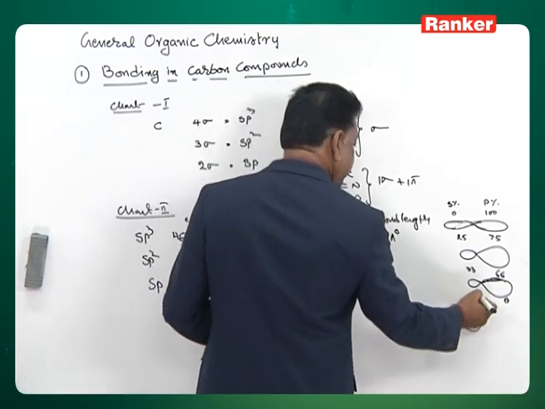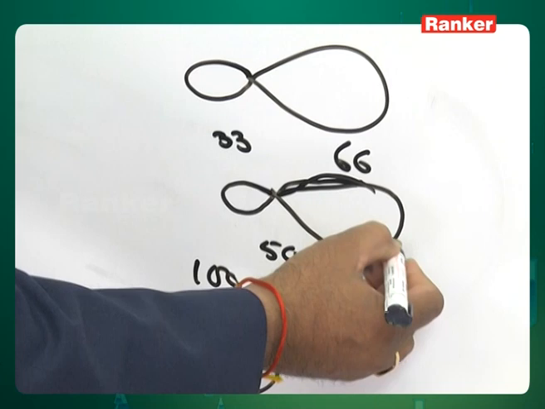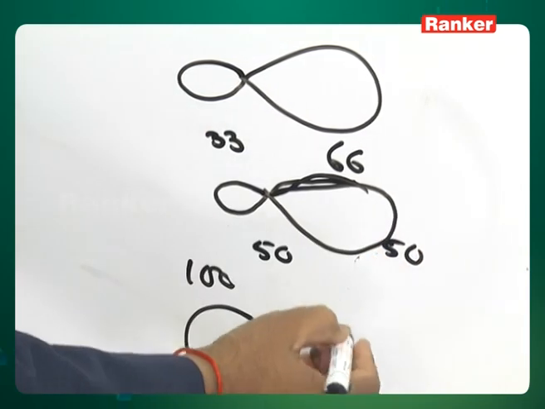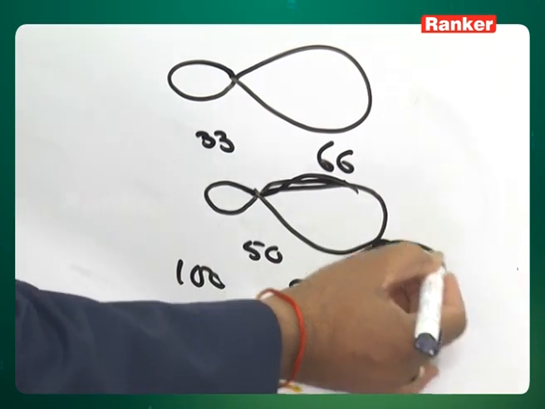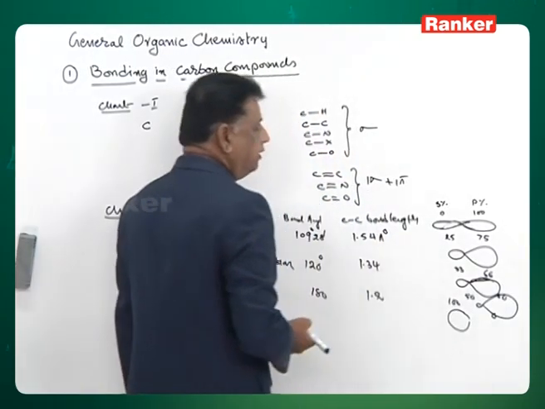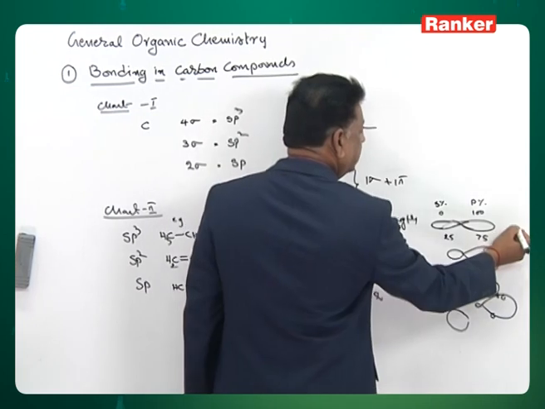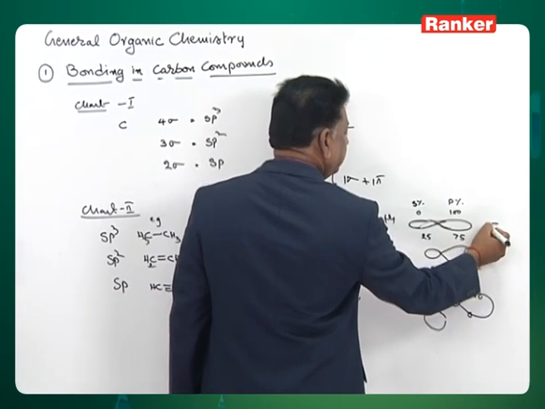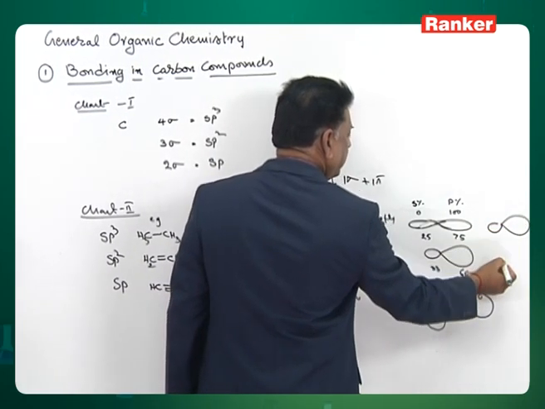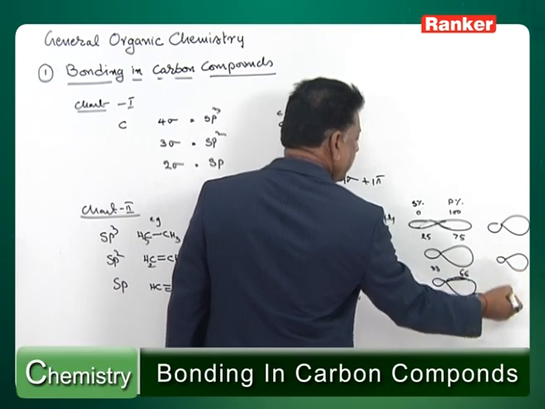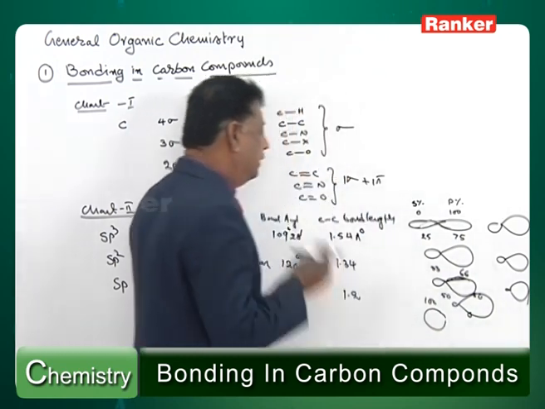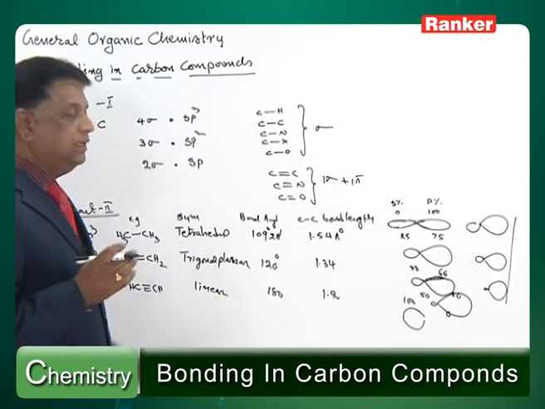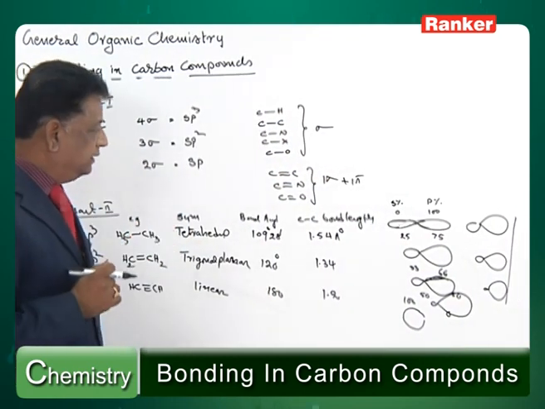If the S character is 50 and 50, then this orbital will be very small, the slope will be there, big P character will be there. So what's happening is as the S character is increasing, spherical nature is increasing.